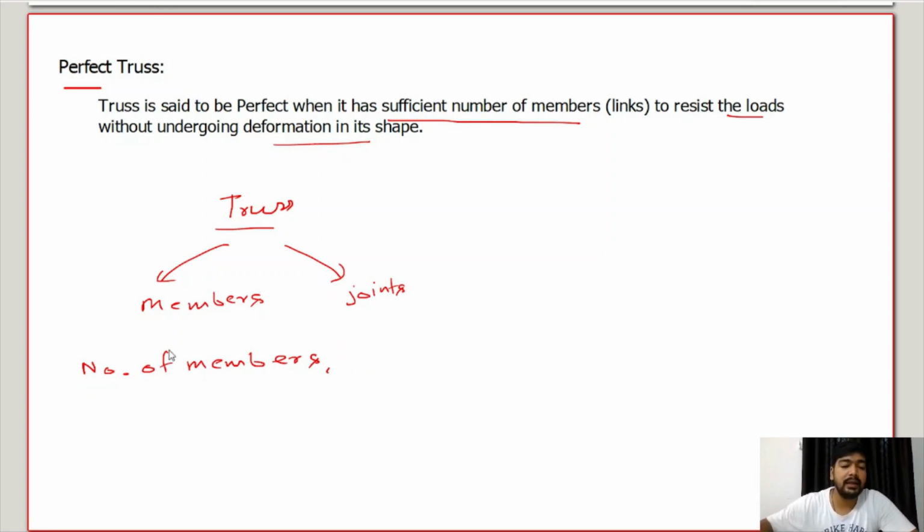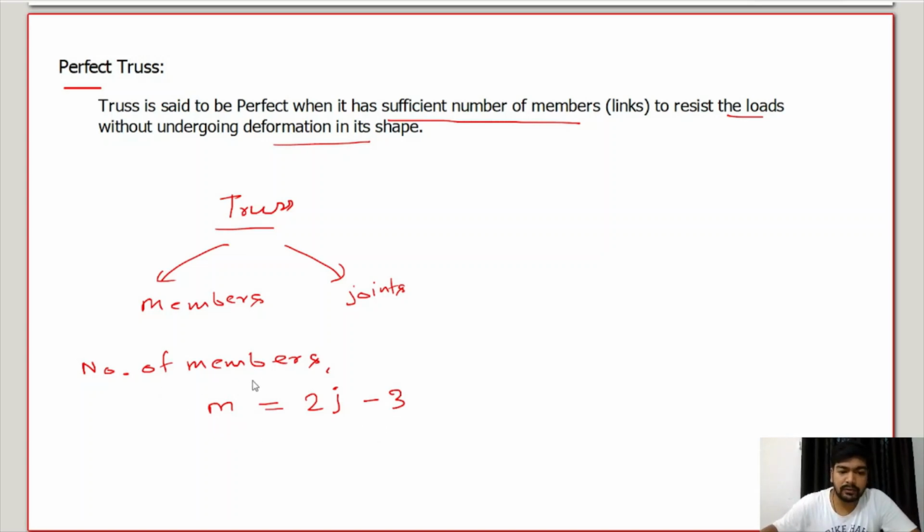Let's say the number of members is M, which should be in the truss. That member count, if it equals twice the joints minus 3, right?